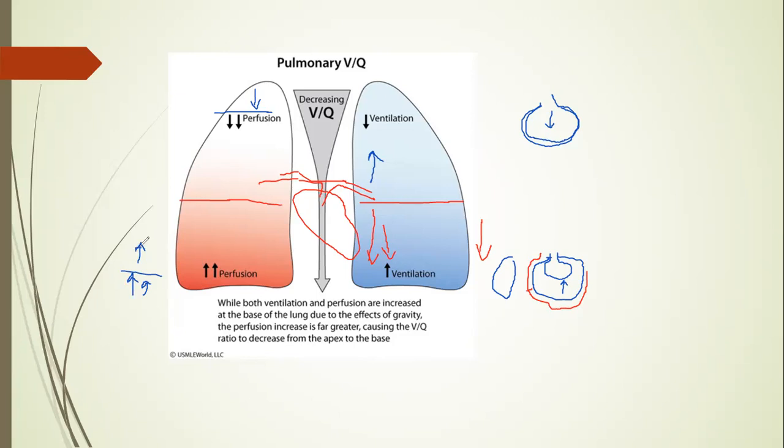The numerator will be much lower than the denominator. And for that reason, this one, since it is so low, there is a decreasing VQ ratio. Okay? A decreasing VQ ratio, just because the denominator here is higher as compared to the apex.